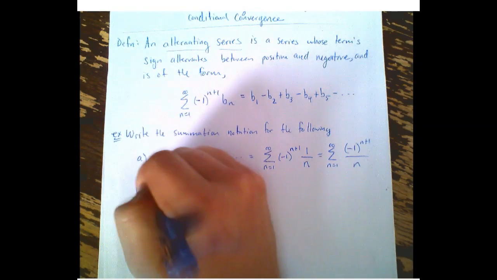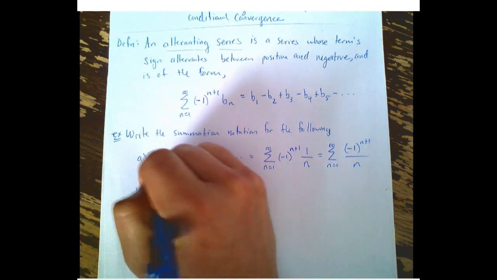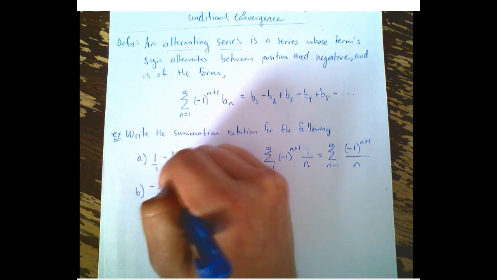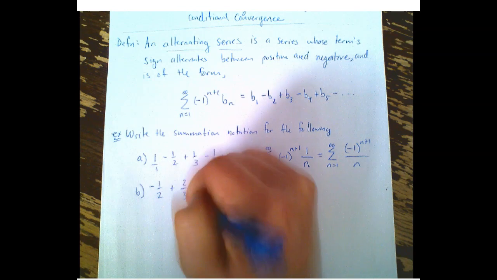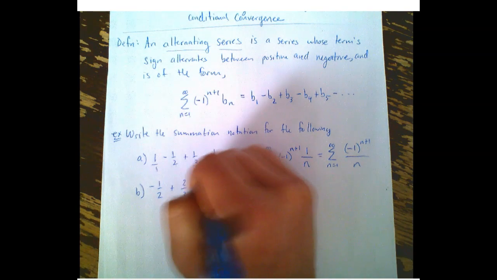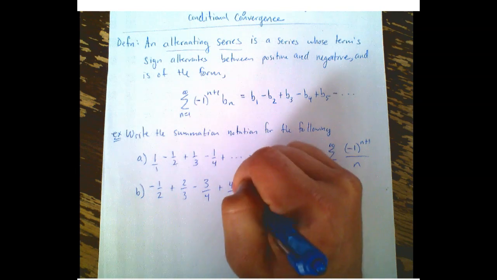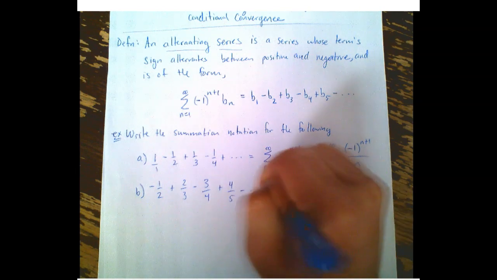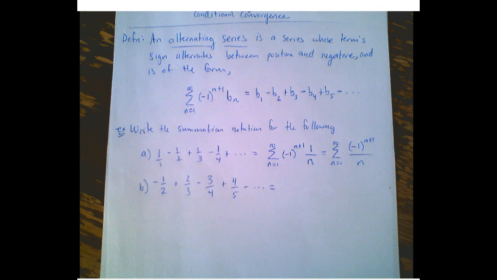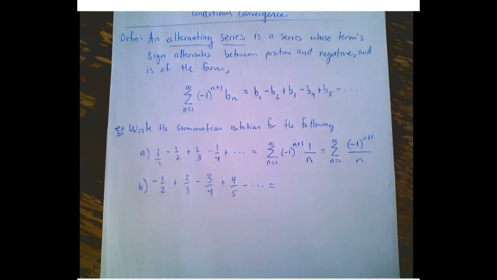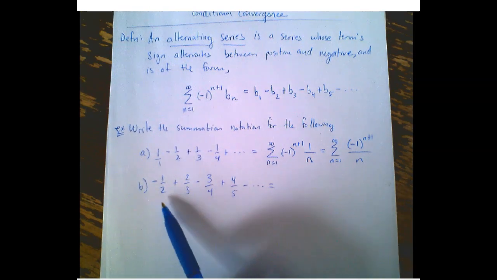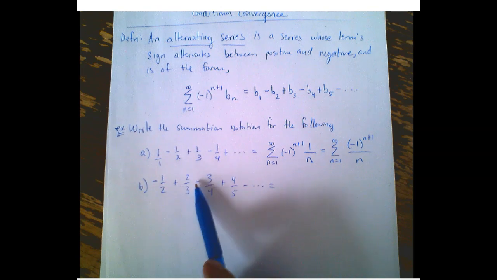B, let's do -1/2 plus 2/3 minus 3/4 plus 4/5, and so on. Okay. If we take a look here, we see that we have some sign alternation.